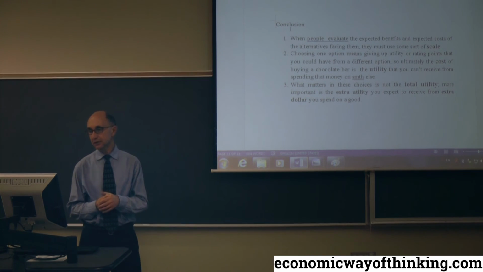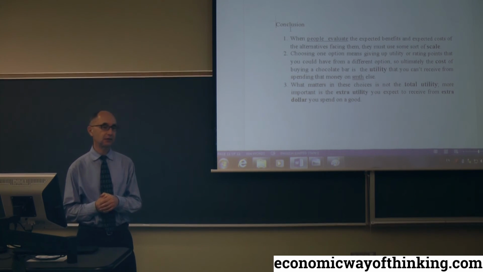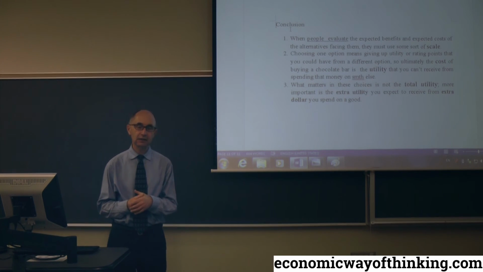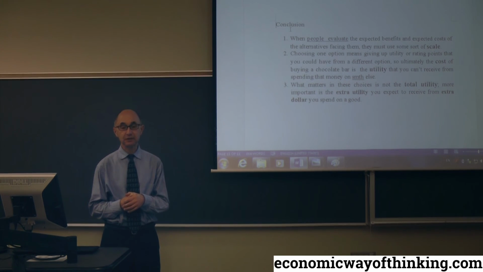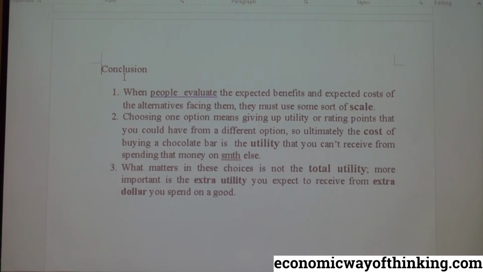They must use some sort of a scale. It could be anything that is of value to you, like points or utilities or even dollars, if appropriate. Anything that you could rate the utility that you get from different goods.